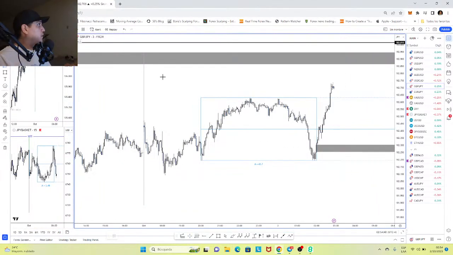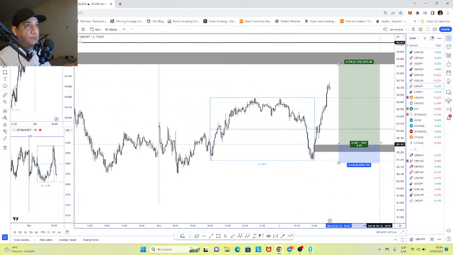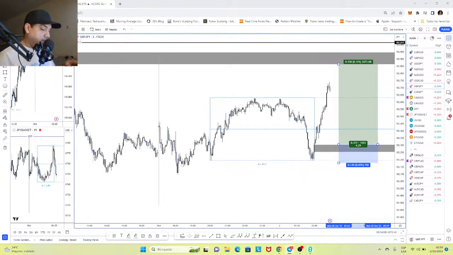I'm placing this entry, a long position here on the pound yen. I'm going to try to get the best risk to reward ratio possible, of course. So that's a 4.3 R, 4.25 R if we account for spread, guys.